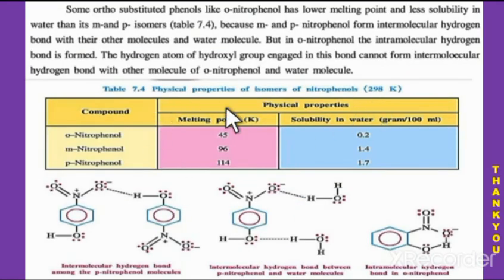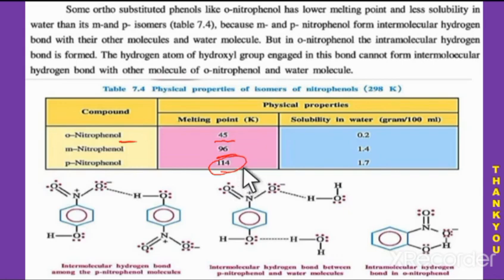Now if we consider the substituted phenols, with ortho, meta, and para positions holding a substituent like the nitro group, in that case the solubility and the melting point vary. Among these, orthonitrophenol has a melting point of 318 Kelvin, metanitrophenol 369 Kelvin, and paranitrophenol 387 Kelvin.